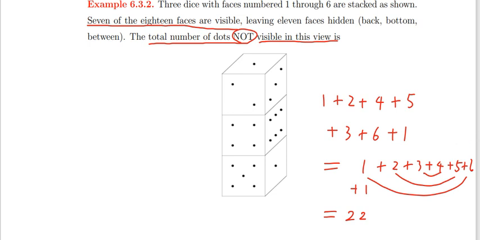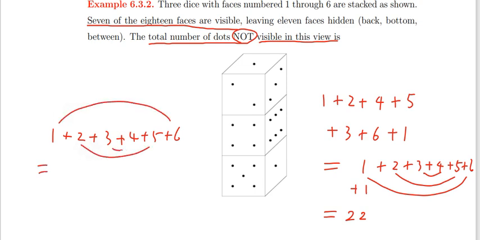Then how many can we not see? For each die, the total is 1 plus 2 plus 3 plus 4 plus 5 plus 6, which equals 21. So the number we cannot see is 21 multiplied by 3 minus 22.